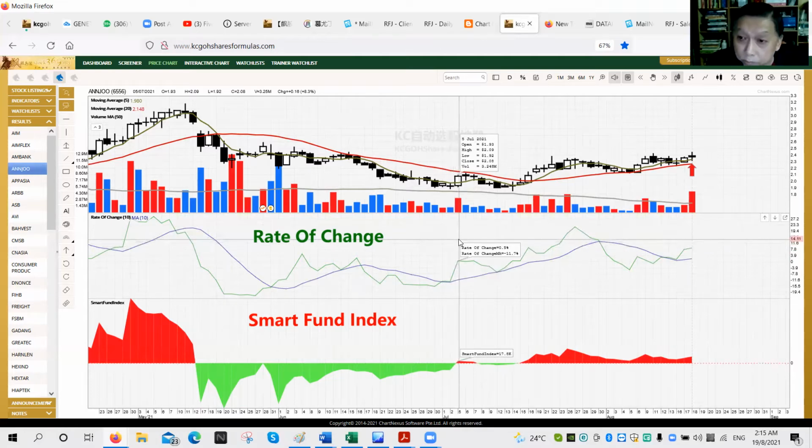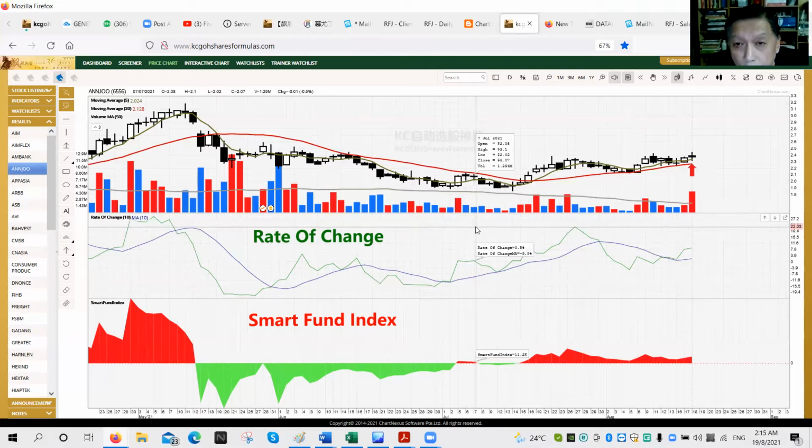The price can move up to 209 and close at 208, then move up again on the 6th, Tuesday, to 210. The closing price is 208, and on the 7th it opened at 208 and closed at 207.